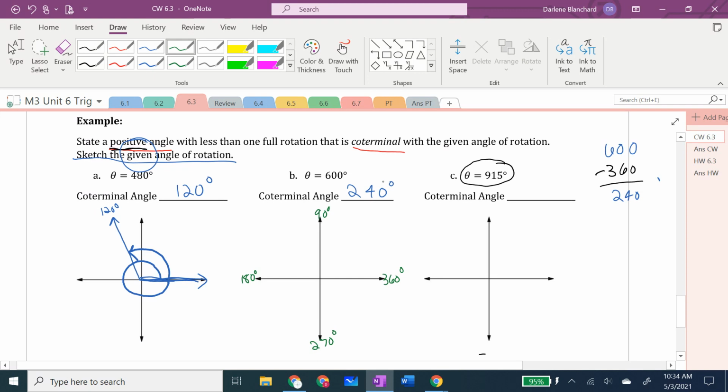How many degrees do I need to add to 240 to reach 270? 30 degrees. So that means if I cut up this quadrant into thirds, approximately, 240 is going to be this one right here. So it's 30 degrees before I hit 270.